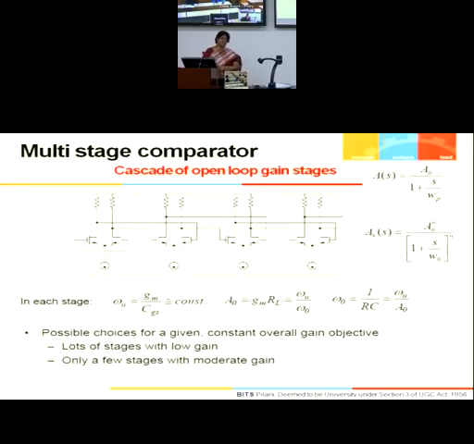Now we come to multi-stage. Multi-stage means many differential pairs are put one after another. Many amplifiers, n stages. I have discussed only two stages. So when you put n number of amplifiers, it is a multi-stage implementation. Now from one stage, two stage, we are slowly moving towards an n stage, multi-stage comparator.